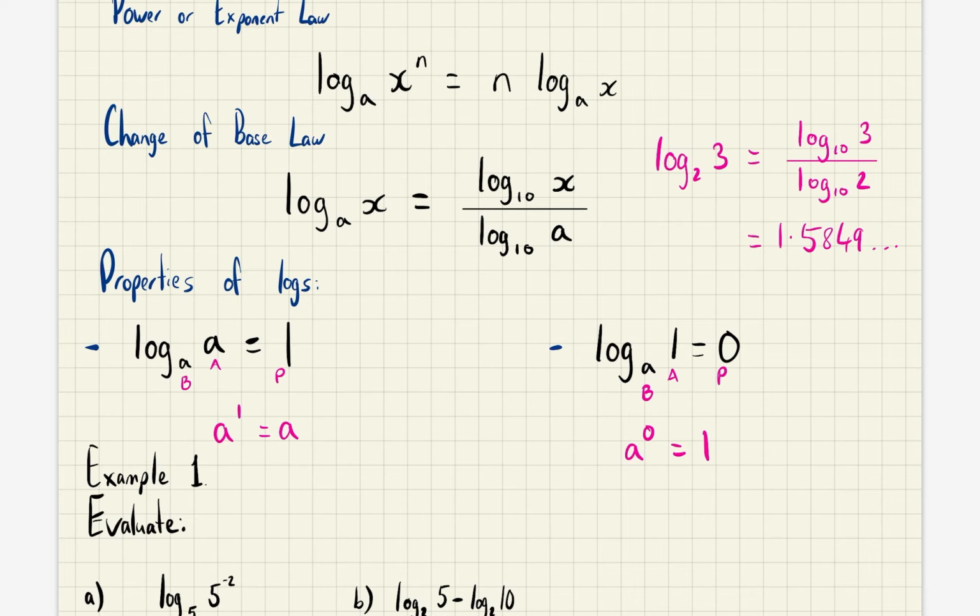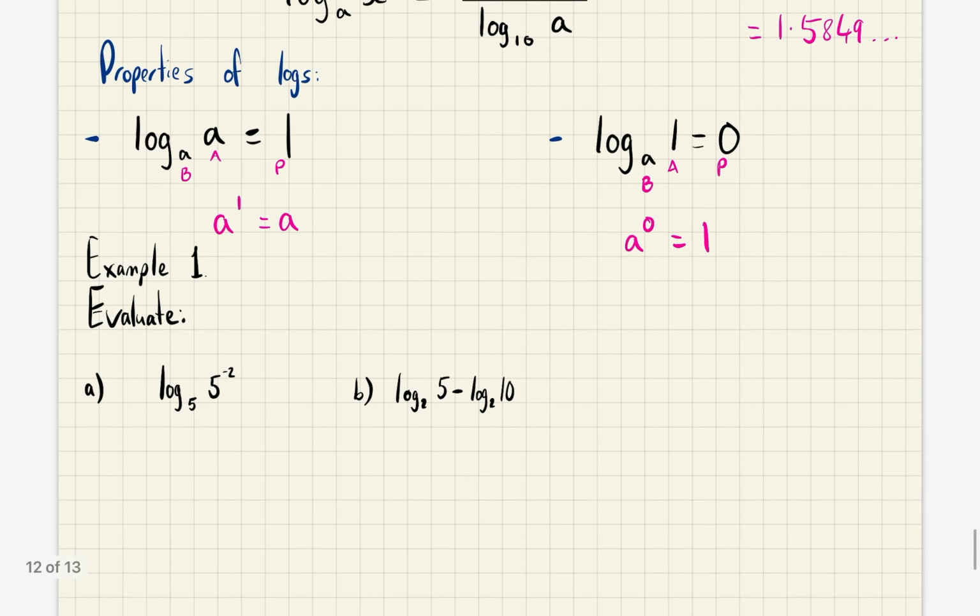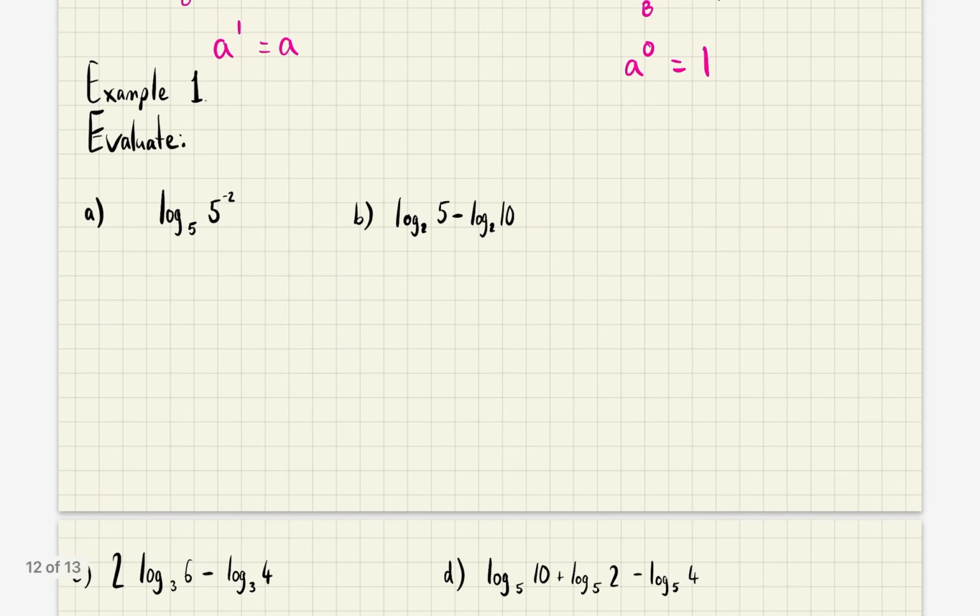All right, so now let's do some examples. So the first example we have is evaluate log base 5 to the power of negative 2. So for this, the first thing I'm going to do is use the exponent law to bring that to the front.